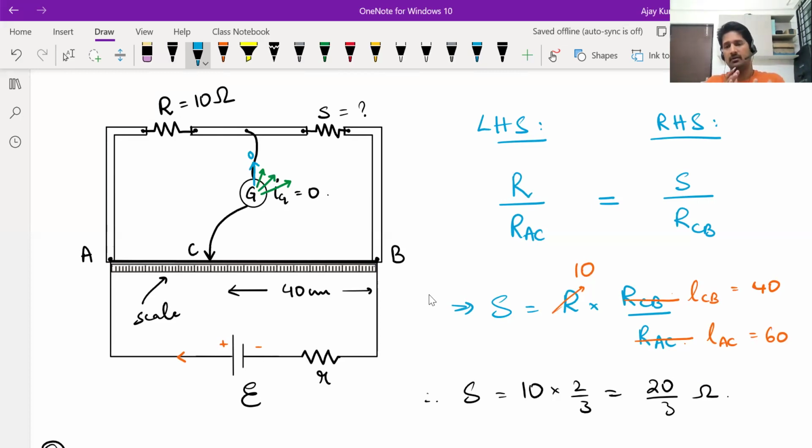What do you think will happen when you connect the jockey on the right side now? Make it go beyond the balancing length. Connect it somewhere here. So now the distance from A to C is more than the balancing length, so the galvanometer will have current flowing through it. In which direction will the needle deflect? Same direction as before, or now the other direction?